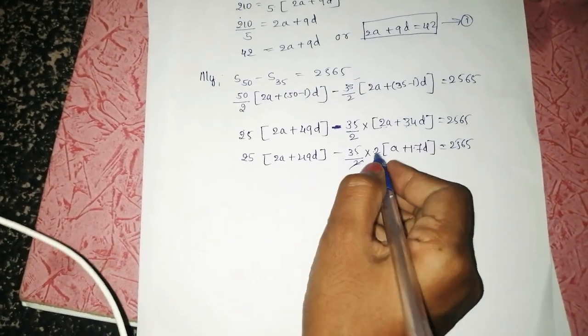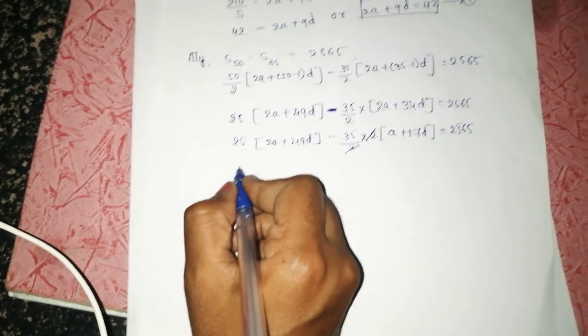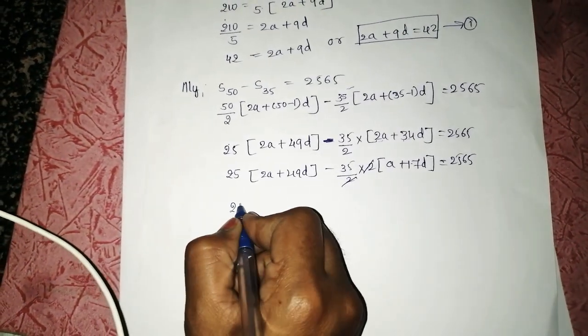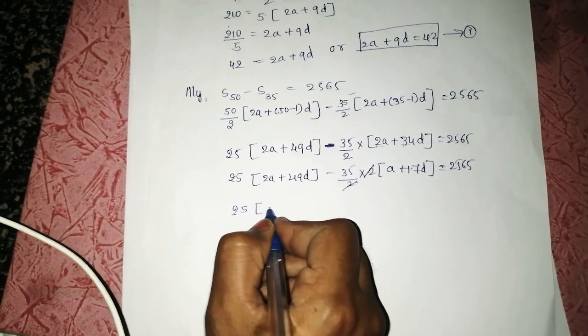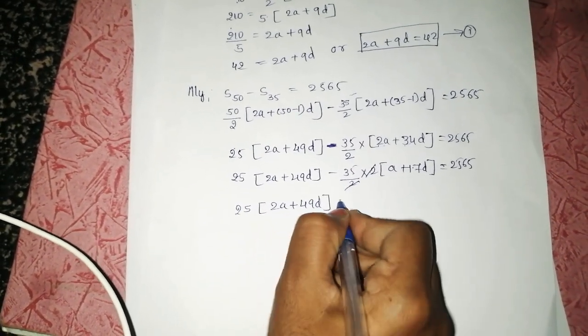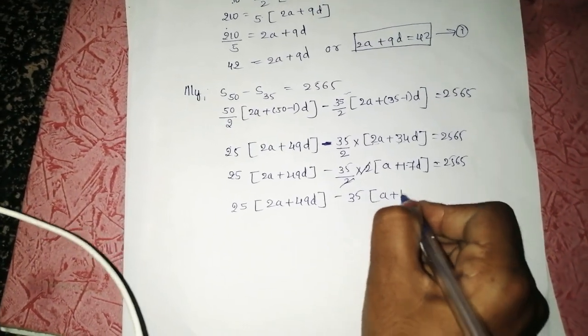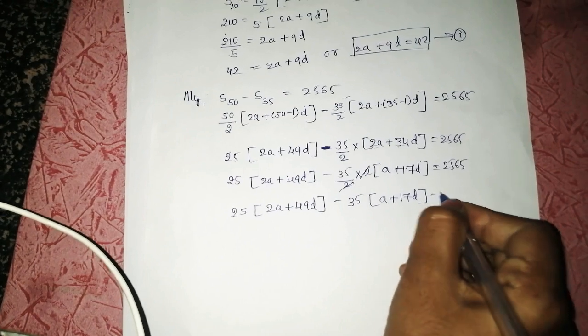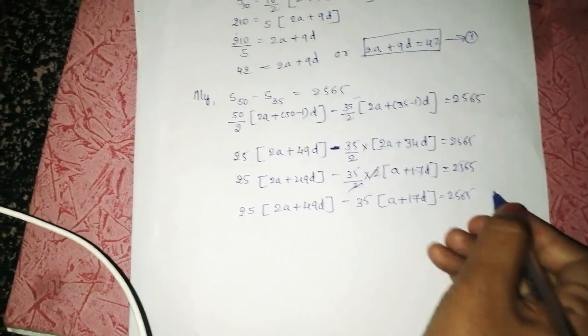Again here 2 and 2 get cancelled. Therefore you have 25 in the bracket 2a plus 49d minus 35 into bracket a plus 17d is equal to 2565.